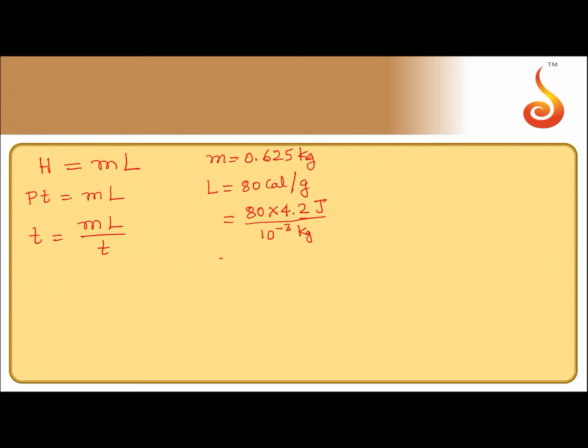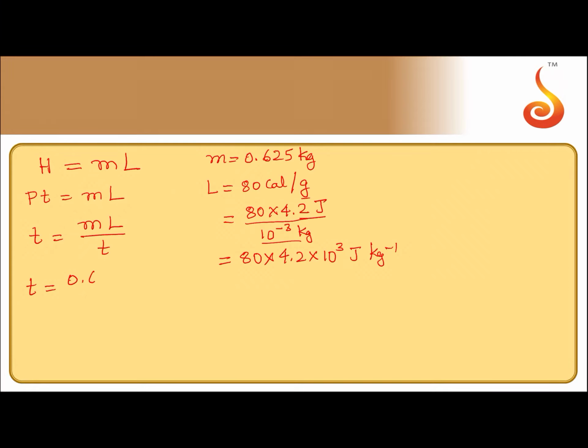So that will become 80 into 4.2 into 10 to the power 3 joule per kg. So I have converted it to SI unit. So 1 gram is 10 power minus 3 kg. That's what I have used.